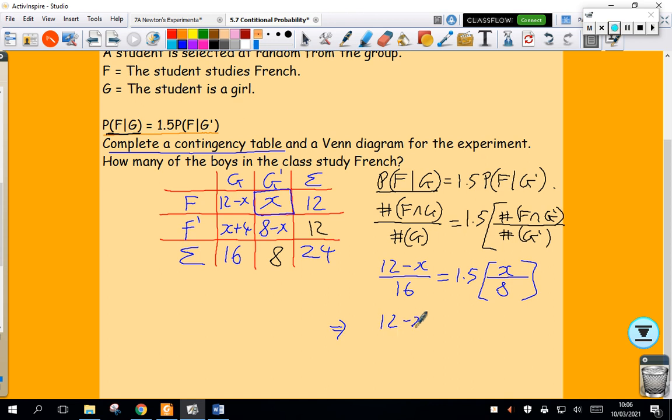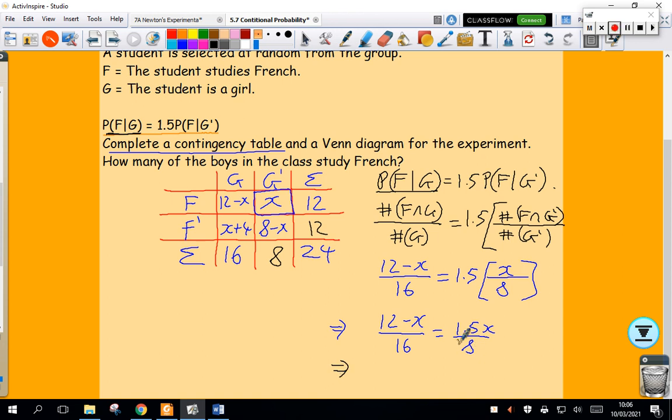12 minus x over 16, well, that's equal to 1.5x over 8. Various ways to do this. What I might do is just multiply on the right hand side by the number 1, but the version of 1 I'm using is 2 over 2. Or actually, another way, maybe I'll go with this way, is to use what we call the cross products property. The cross products property says two single fractions are equal if and only if their cross products are equal.